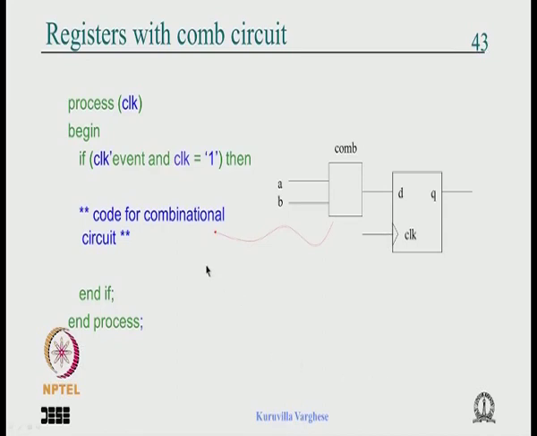So here is one danger you should understand: anything you assign, suppose you write Z and an assignment operator, Z will become a flip flop or a register. So any assignment you make within this body, you will get a flip flop for free.